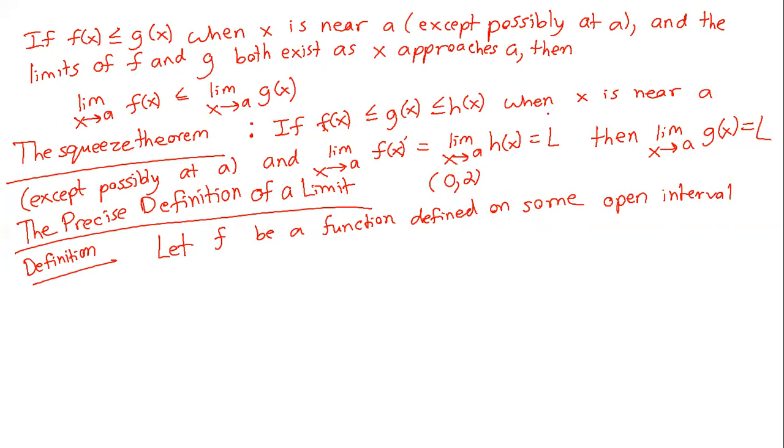It doesn't include the boundaries. It doesn't include 0 and 2. It's every point up to that. So let f be a function defined on some open interval that contains the number a, except possibly at a itself.